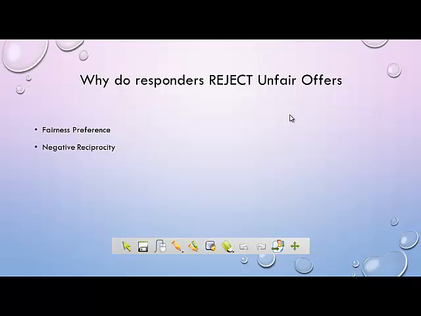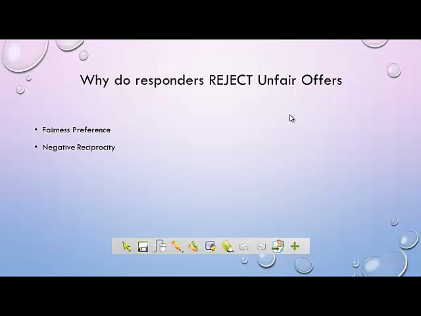So we come to the question of why do responders reject unfair offers. One theory is that people like fairness and they dislike lack of fairness. The technical name for the reason for rejection is negative reciprocity.